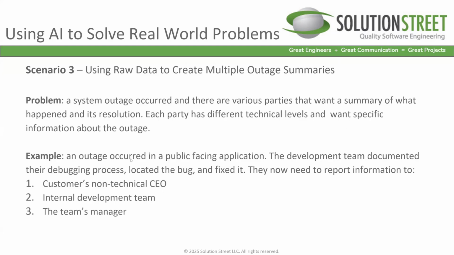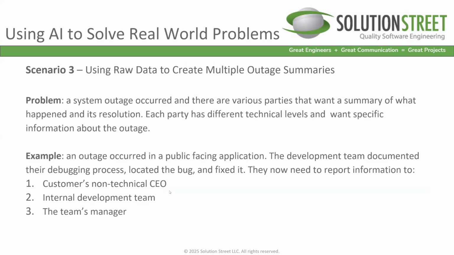The example is that an outage occurred in a public-facing application. The development team documented their debugging process, located the bug, and then fixed it. They now need to report the information to a customer's non-technical CEO, the internal development team, and the team's manager.